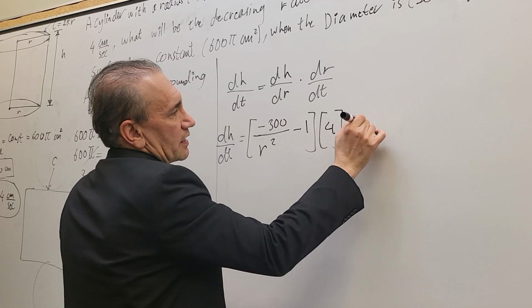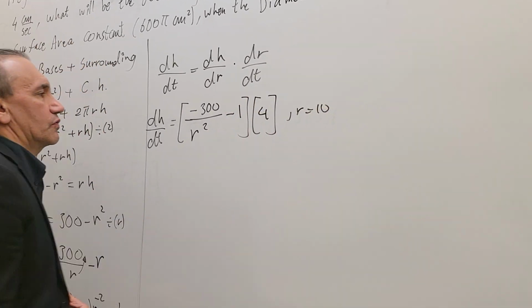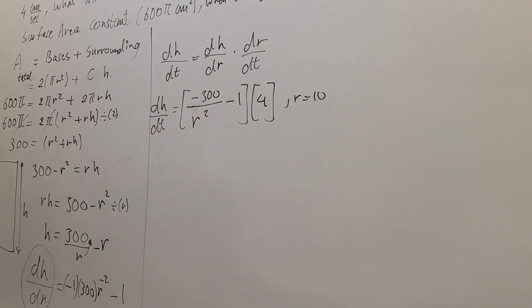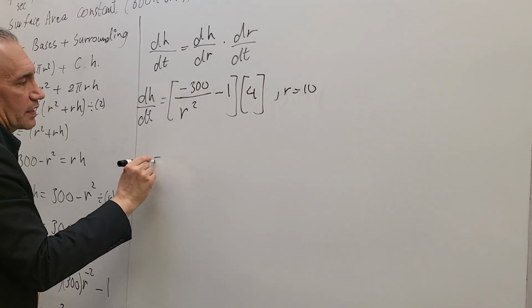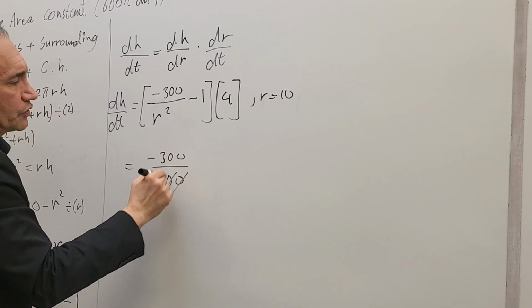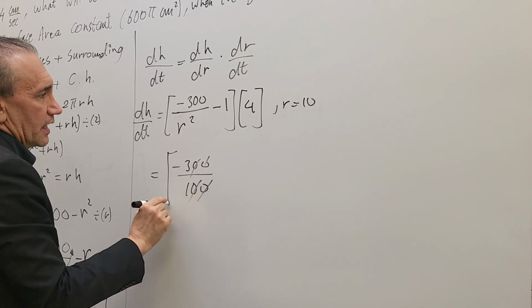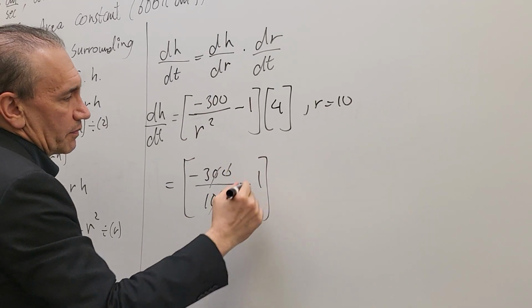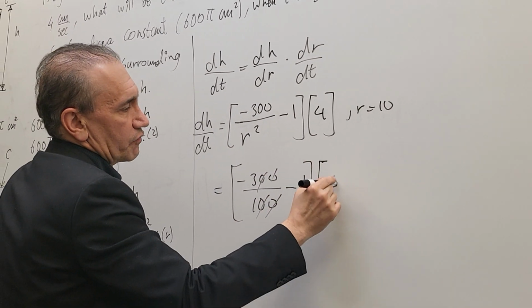Now I know that my radius is equal to 10, so let's substitute r equal to 10. That's going to be negative 300 over 100, two zeros from here, two zeros from here, minus 1. I multiply all of this by 4.